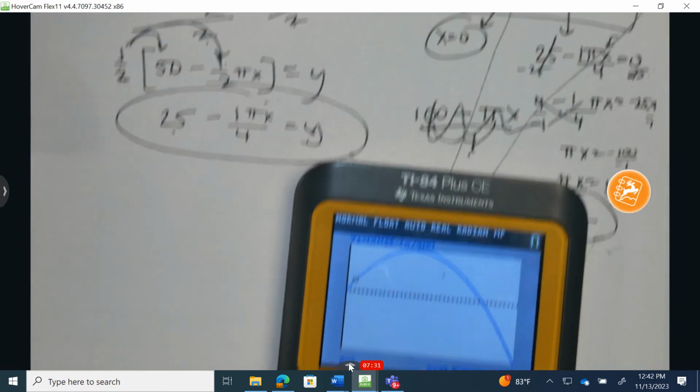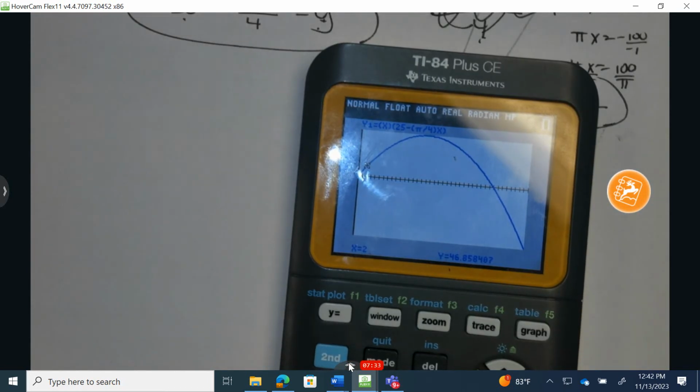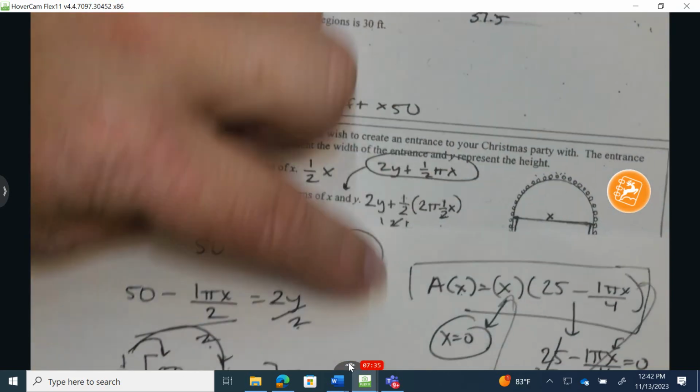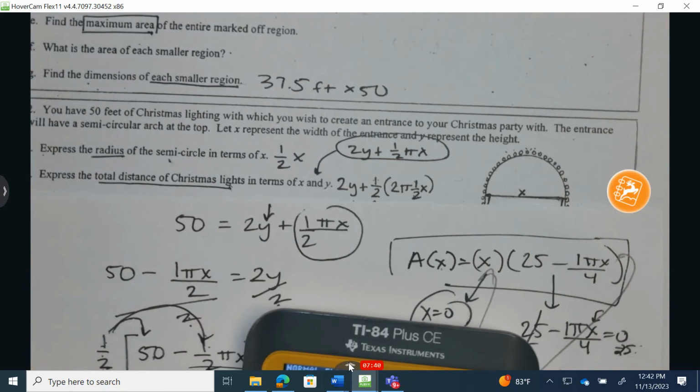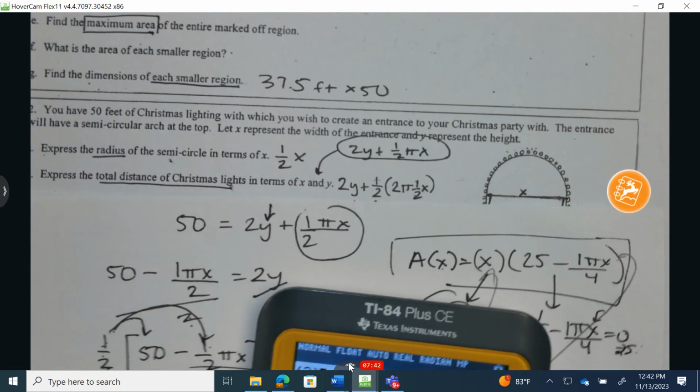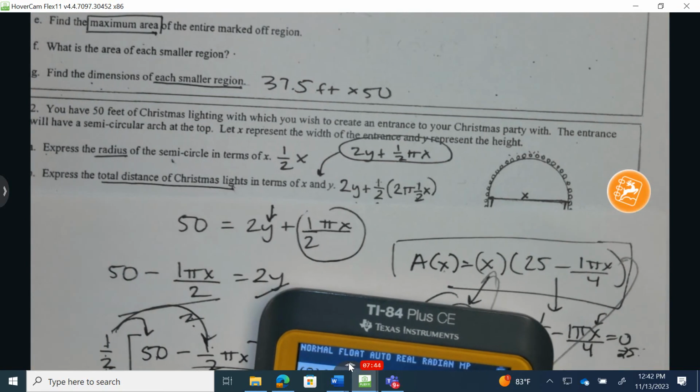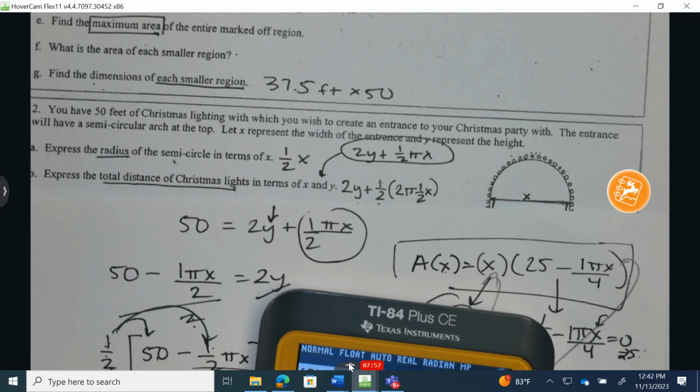And what are the units? Feet squared. Now we could also get 46.86 by coming up here, plugging 2 in here, plugging 2 in here, and doing the math. Let's just demonstrate how that does work. So we have 2, and then I have 25 subtract 1 times pi times 2 divided by 4. Oh, I messed up with my parentheses.